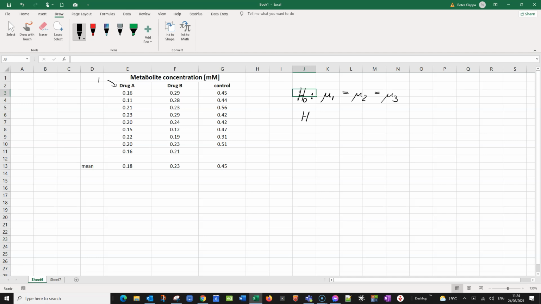So our alternative hypothesis would be that at least one of the proposed population means, and I write it as this mu here for the population mean, is different to the others.